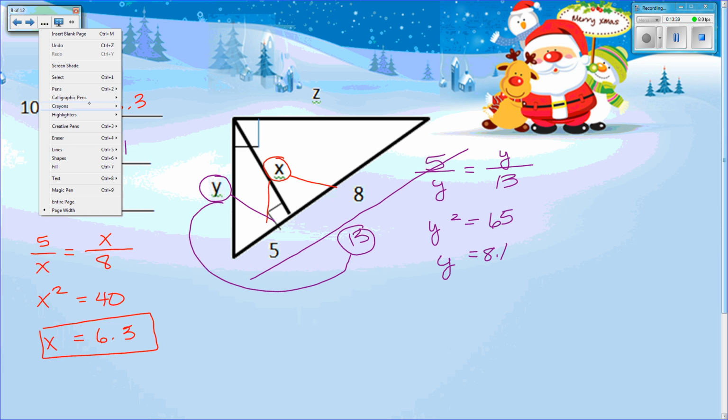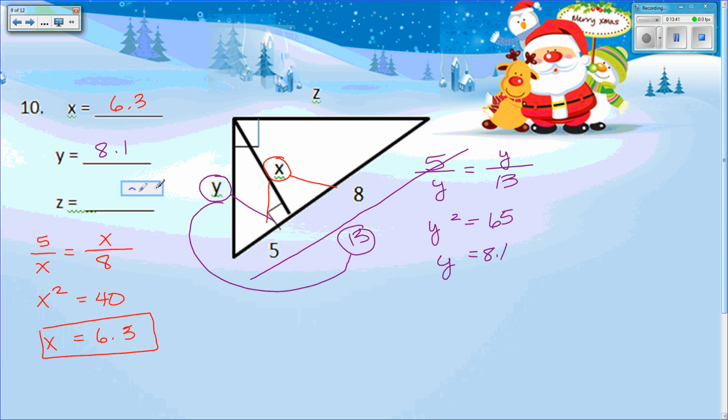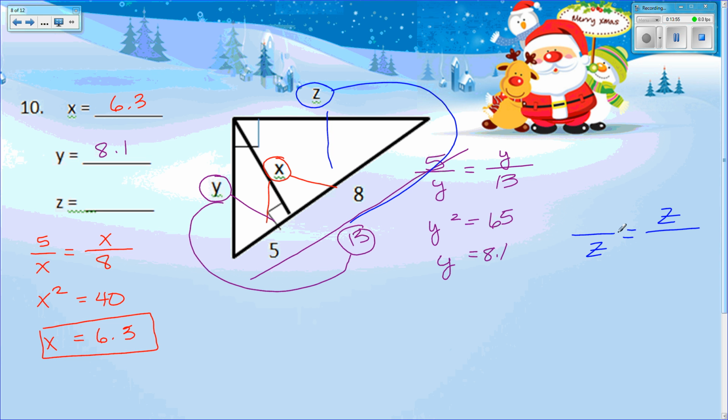And then our last one is the z. So the z is going to pair with the number that's on the same side, 8, and it's going to hook around and pair with the 13. So this time if z is our geometric mean, geometric mean always counts twice. It pairs with the 8 and the 13.